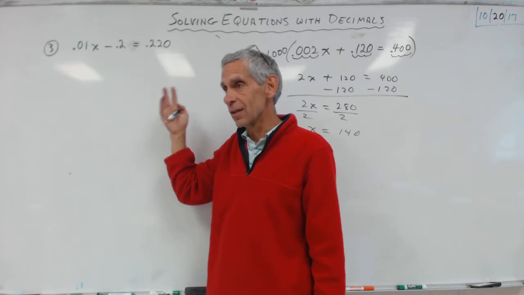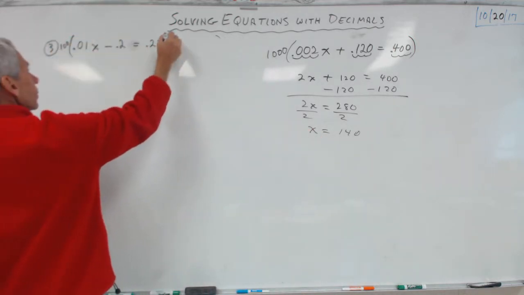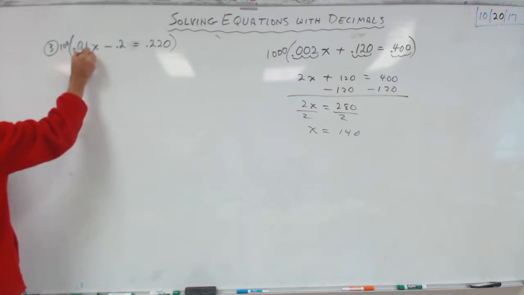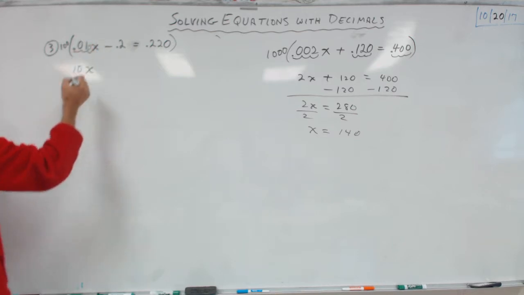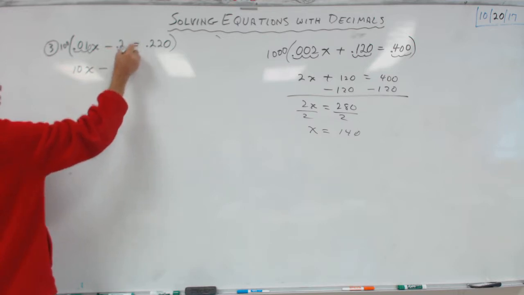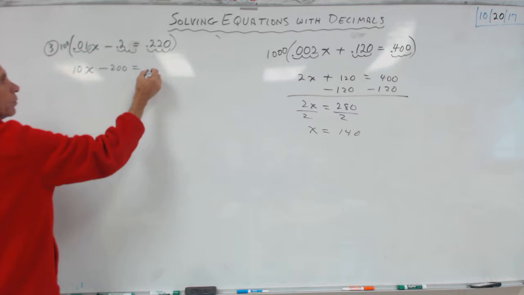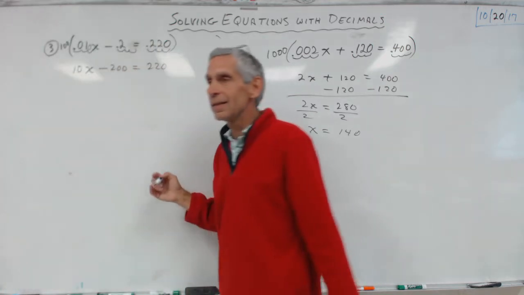So I move this over, boom, boom, and then one more, so that's a 10. You see that? Yes, because there's a 0 there. And this has got to be minus 200, equal to 220. And now suddenly it's easy, right?